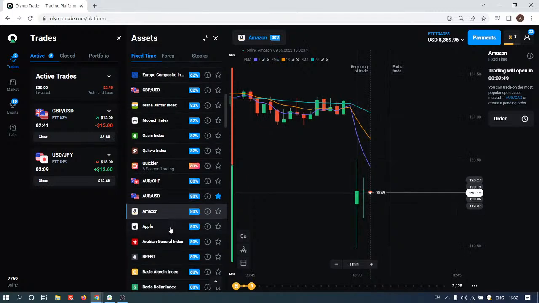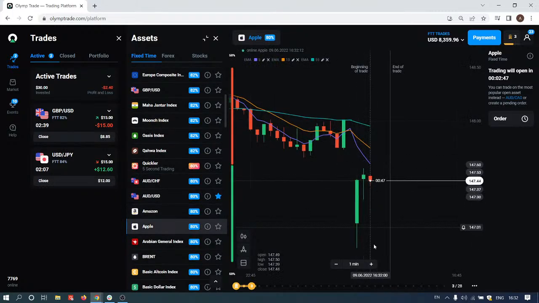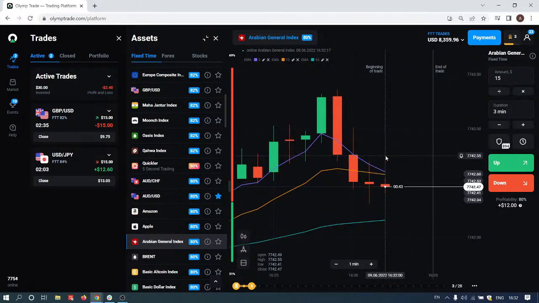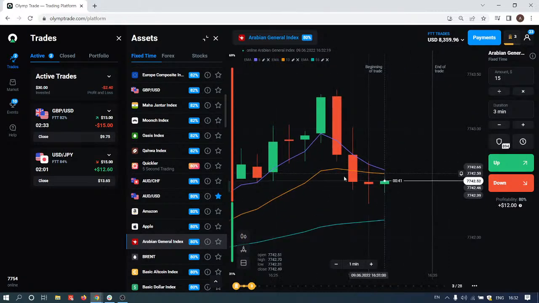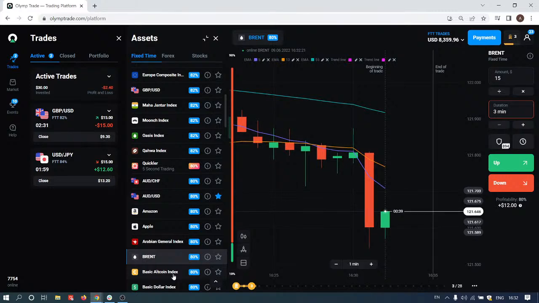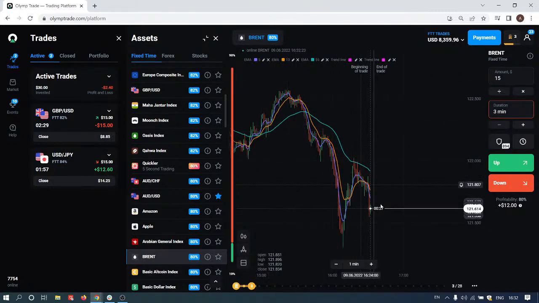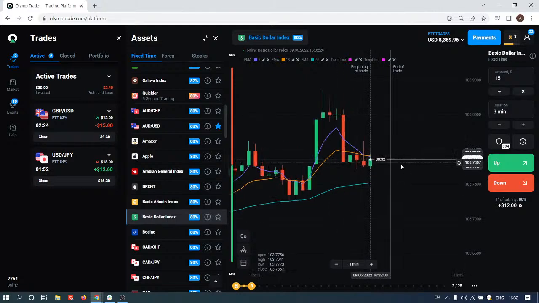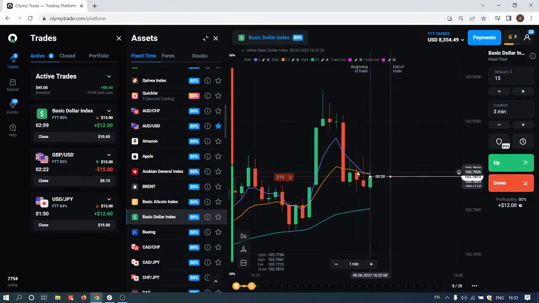All right, Amazon, Apple. Okay, so all the stocks opening with a gap down. So Arabian General Index. Okay, so no signal just yet. Wow, Brent keeps dropping. Well, Brent is, on the one hand, overbought. Now, basic dollar index, a very clear signal for a down trade here.